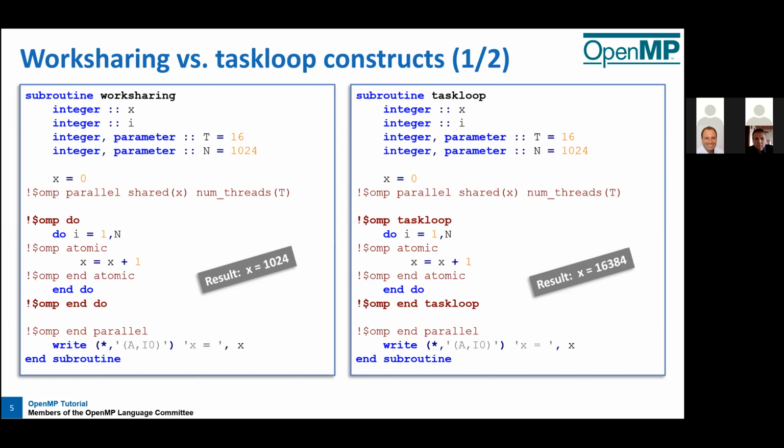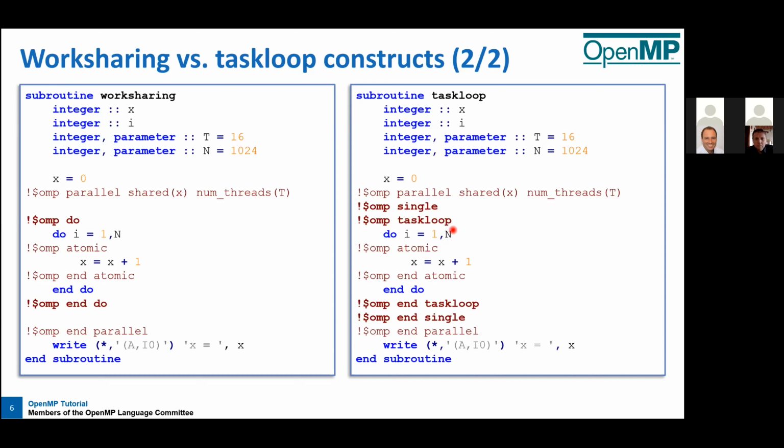16,384. All right? If you want to get similar behavior, you need to apply the single pattern that Christian and I have been showing a couple of times already. So here what happens now is we launch 16 threads, but only one arbitrary thread encounters the taskloop construct and then starts dividing the 1024 loop iterations across a multitude of tasks, which are then executed by the remaining 15 threads.